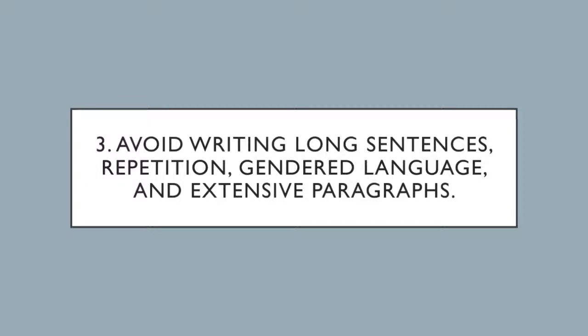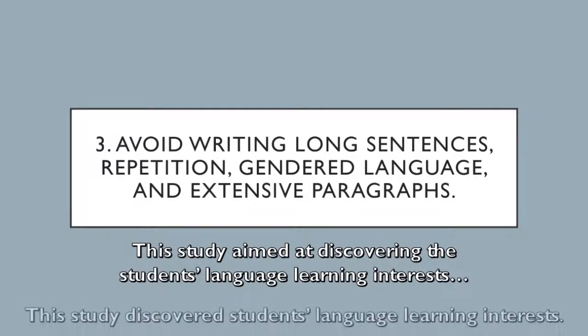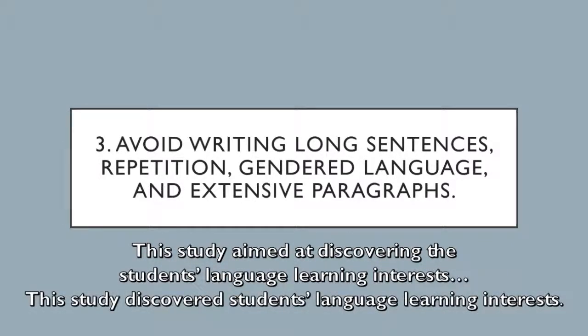Tip number 3 is to avoid writing long sentences, repeating yourself over and over again, using gendered language and extensive paragraphs. So for the first one, you might want to say, instead of this study aimed at discovering the students' language learning interests, you can reduce it to just this study discovered students' language learning interests.